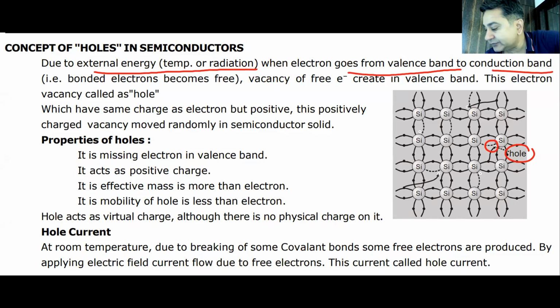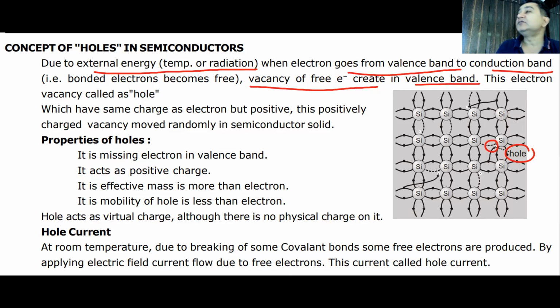Yes or no? Yes, sir. Because of this, there will be a vacancy. One electron, let us say, has jumped from the valence band to the conduction band, so there is a deficiency or vacancy of one electron. Yes or no? Yes, sir. One electron is less.